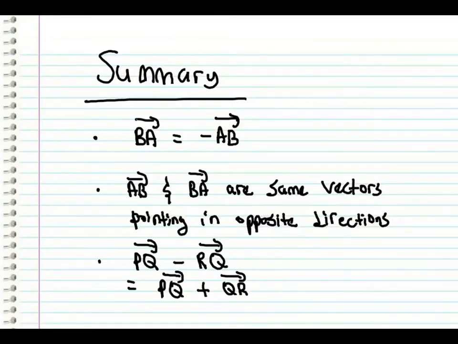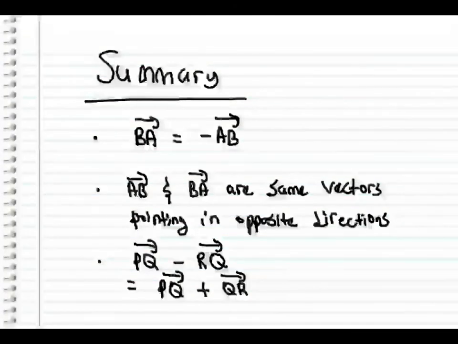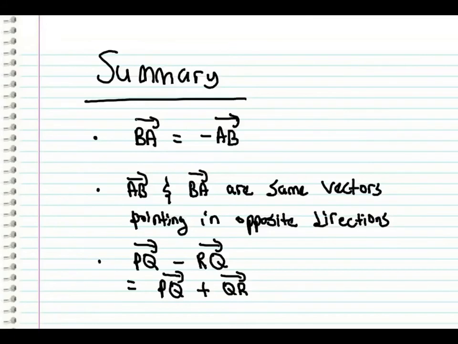Let us summarize. If I know the vector AB and I want to find the vector BA, they are simply the negative of each other. The negative sign simply means it is pointing in the opposite direction. How do we apply this? If I'm doing PQ minus RQ, I can convert negative RQ into positive QR.